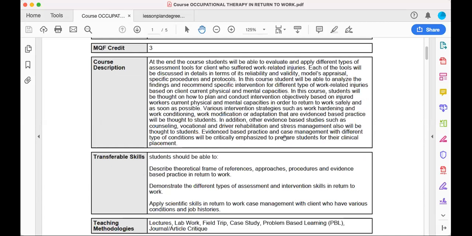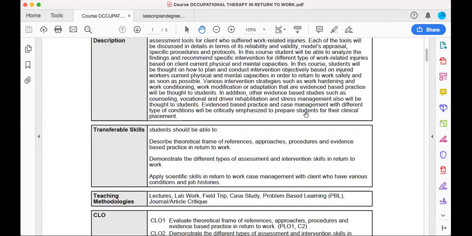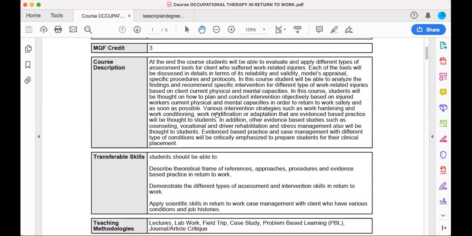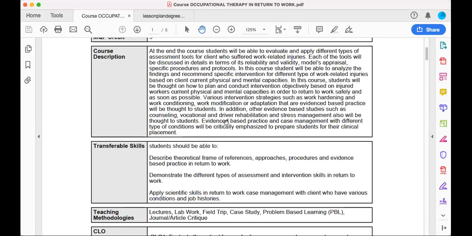In addition, other evidence-based studies such as counseling, vocational, driver rehab, stress management also will be taught to you. Evidence-based practice and case management with different types of conditions will be critically emphasized to prepare you all in your clinical placement. So this is the synopsis of this code.